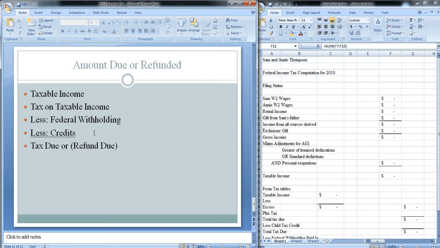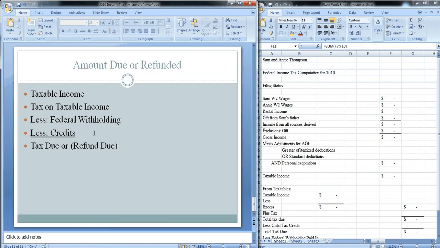And then you take your taxable income and go to the tax rate for that specific filing status. Since they are married filing jointly, they're going to go to the married filing jointly tax table, and they are going to calculate their tax on the taxable income.